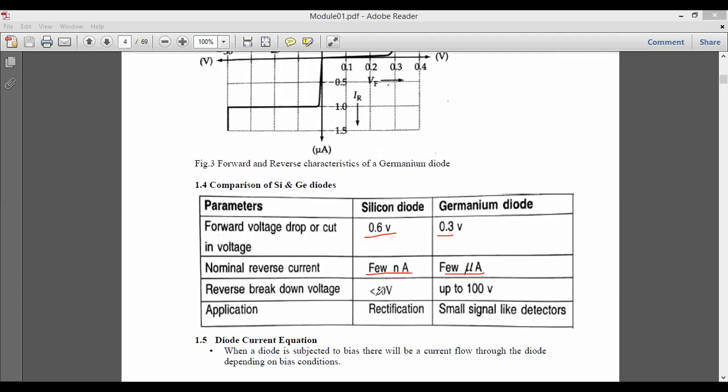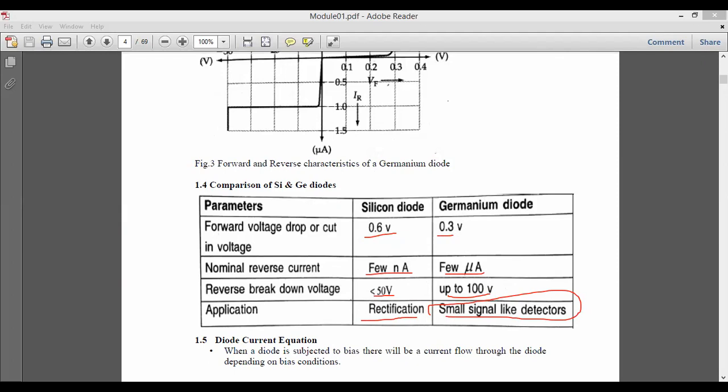The breakdown voltage should be greater than 50 volts, and it is up to 100 volts. The application of a diode is rectification and small signals, like detectors. With this, the normal VI characteristics of the diode, how it performs under reverse bias and forward bias conditions, is covered.